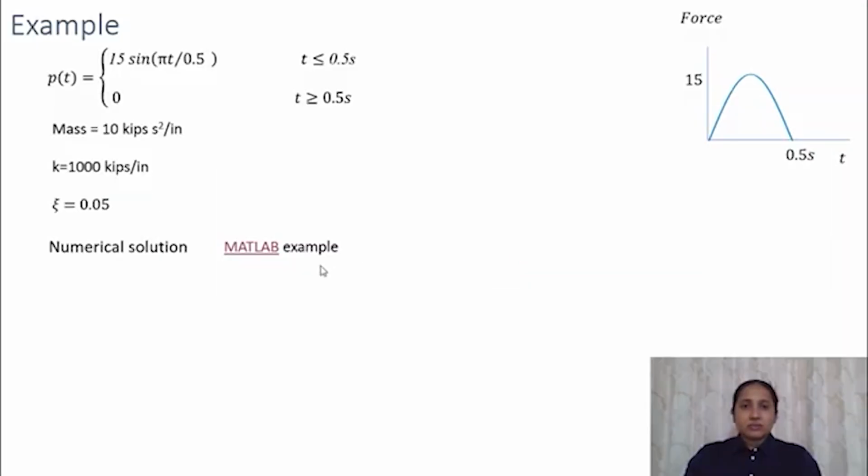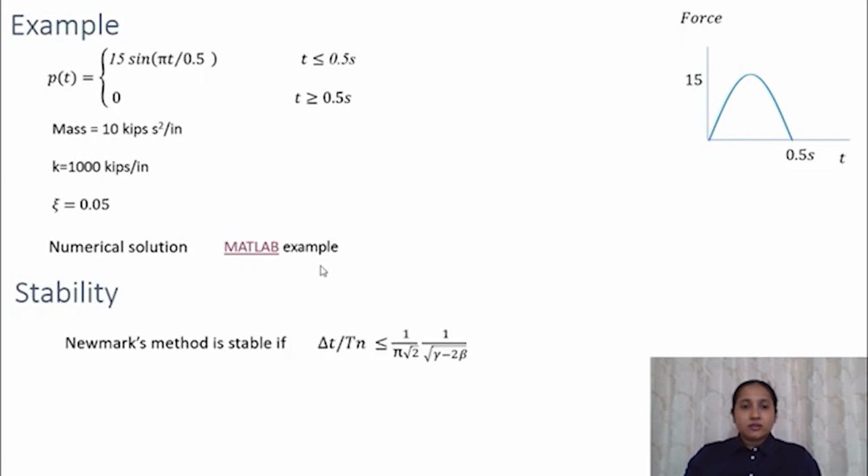So the Newmark's method is stable when delta t by Tn, that is the time step divided by the natural period, is less than 1 by pi root 2 multiplied by 1 by square root of gamma minus 2 beta.